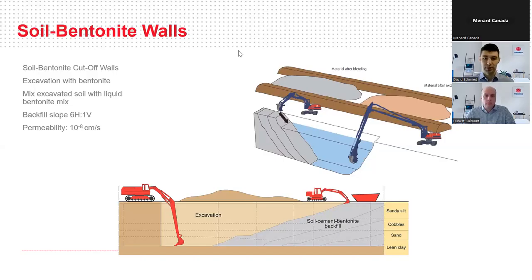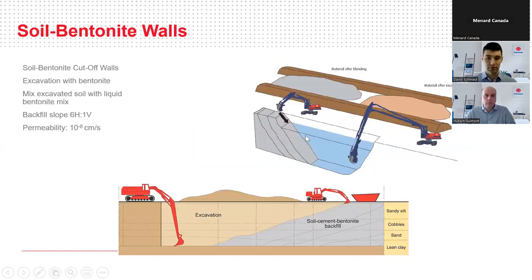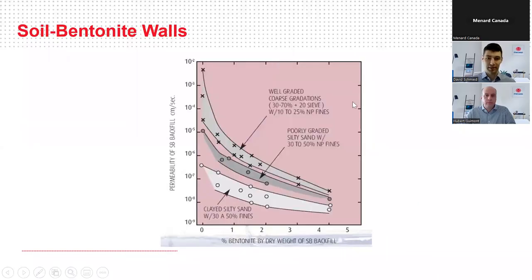But of course, because you're using your soil as a construction material, and like with many other ground improvement techniques, the type of soil you're using has to be part of the design process. So if you're using a very coarse soil, it may be difficult to reach those lower permeability specifications.